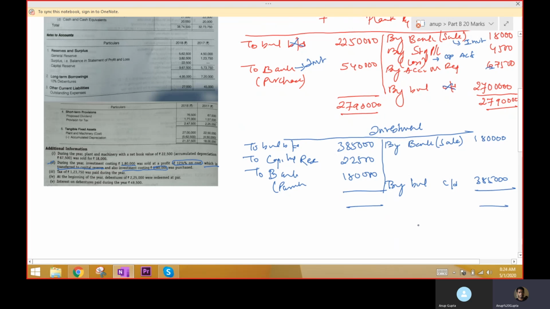If you total it, there will be no balancing. Oh, sorry, it was sold for 1,80,000 plus 22,500. That is, we have to write the total sale value, right? So it will be 2,02,500. Why? Because the cost was 1,80,000 and it was sold at a profit of 22,500. So now it will balance.